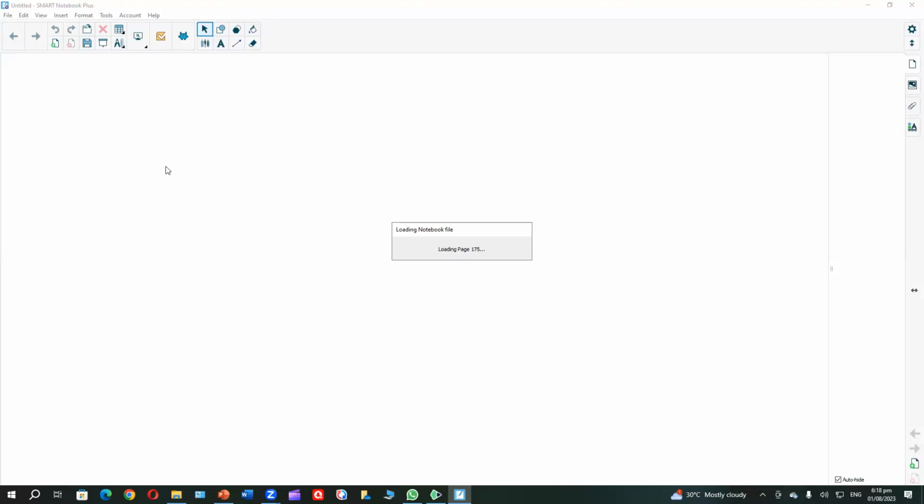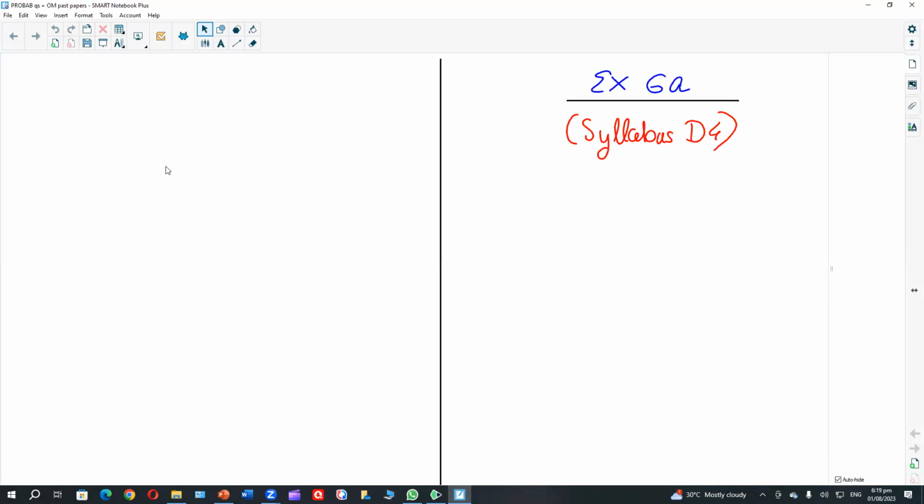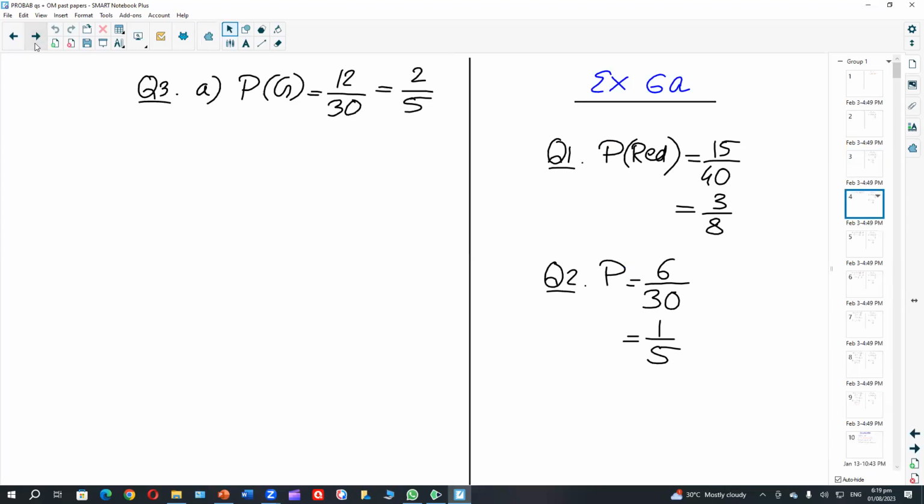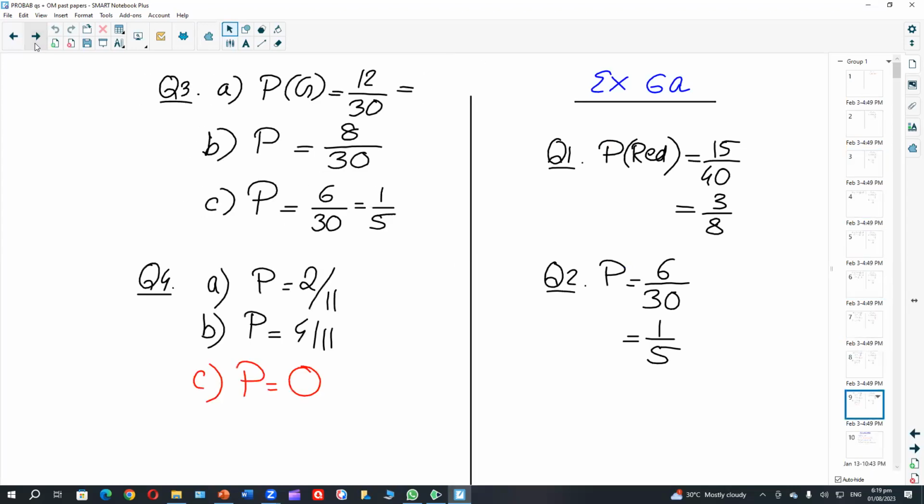Each group contains 13 cards, and they show a pattern in suits. 13 into 4 is 52. I repeat, there are 52 playing cards, and 2 jokers apart from that, which means the total is 54 cards.